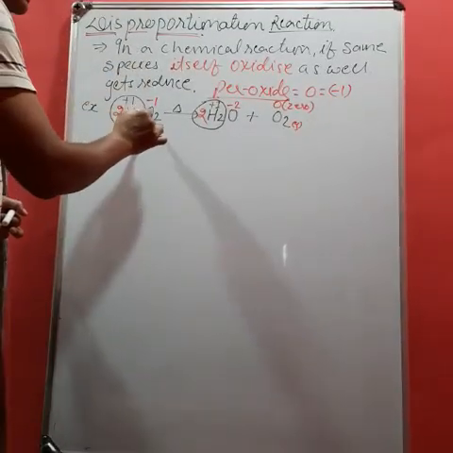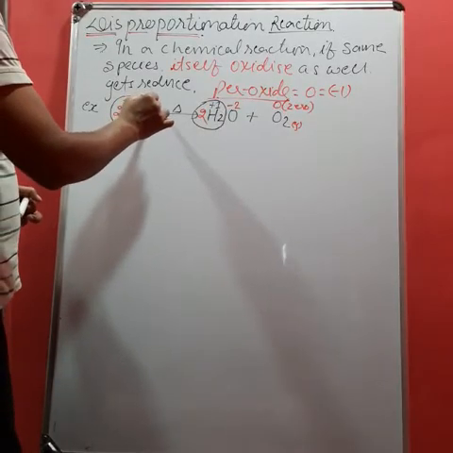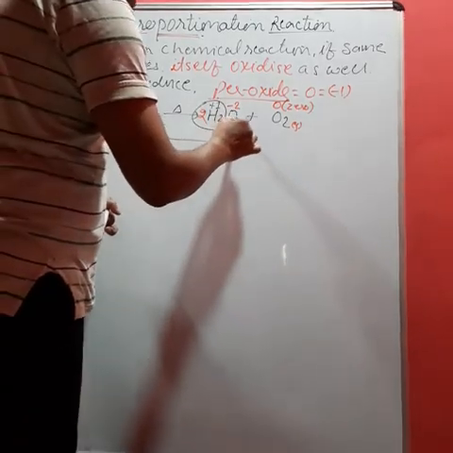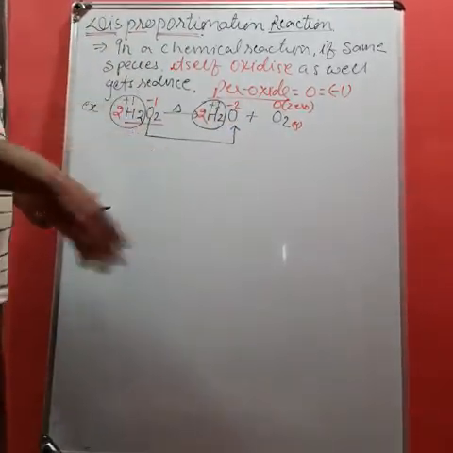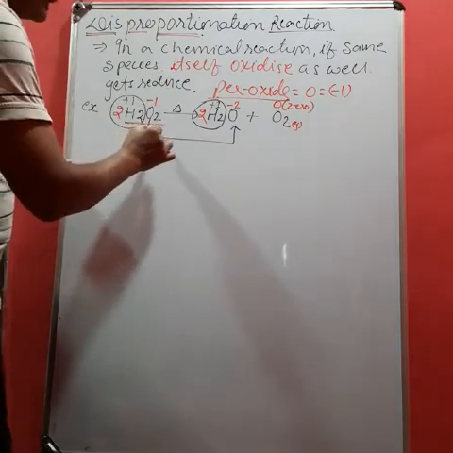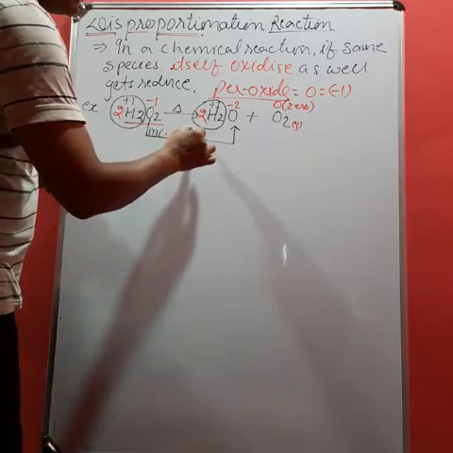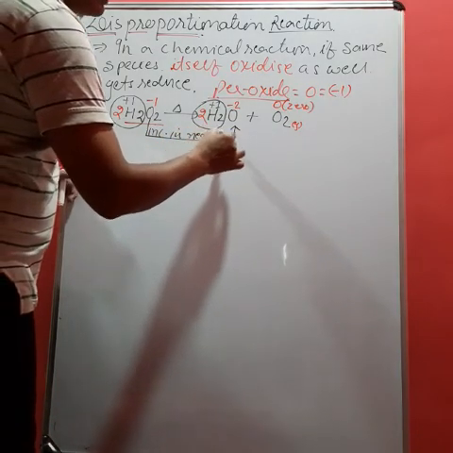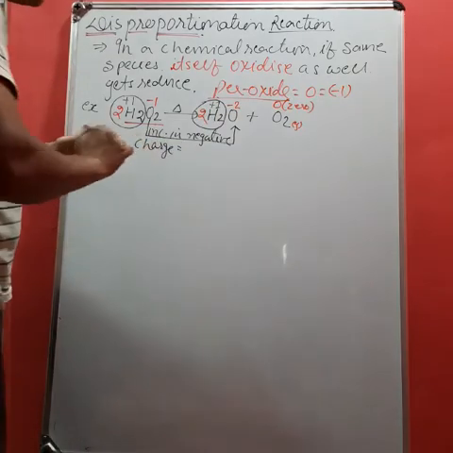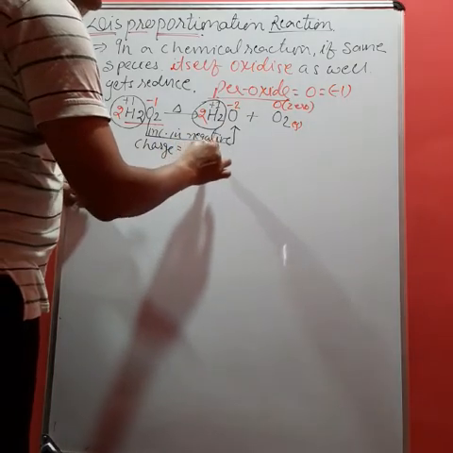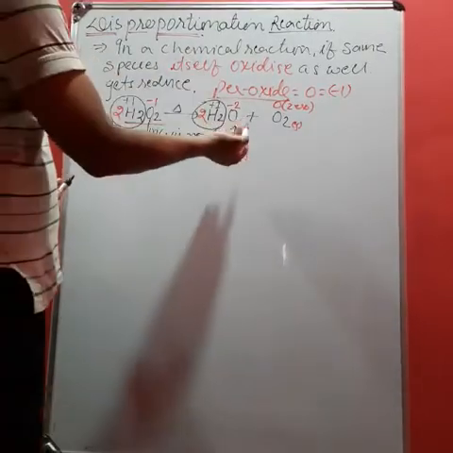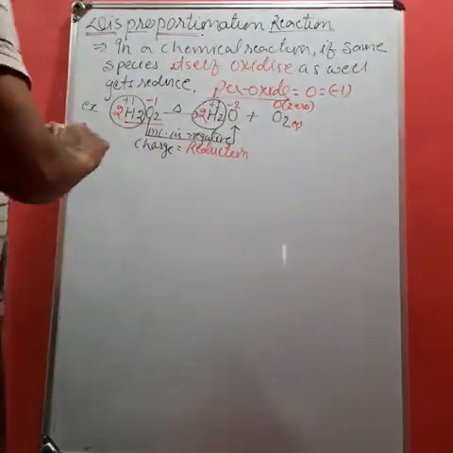The oxidation state of oxygen is earlier -1 on the reactant side, but on the product side it becomes -2. So an increase in negative charge is known as reduction. We can write here, increase in negative charge, this is one more definition, is known as reduction. So we can say that oxygen is reduced, that is, hydrogen peroxide is reduced to water. But one more change is there.